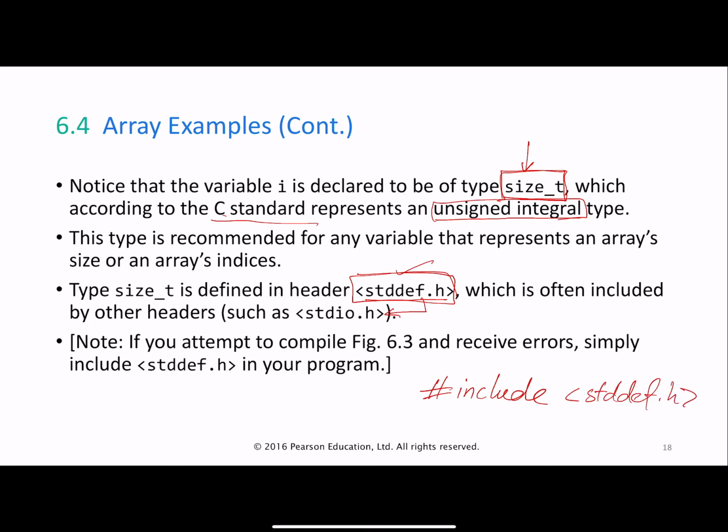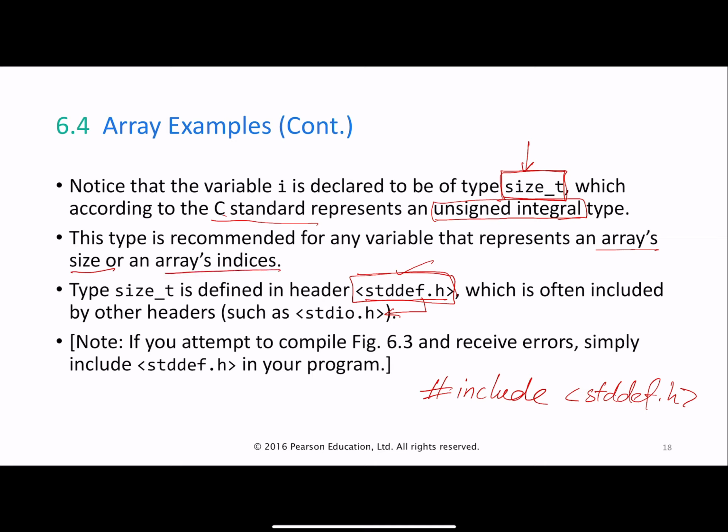So we use the size_t data type whenever we want to store an array's size, or when we want to use it as a loop control, counter, or index variable, like we just did in the for loop.